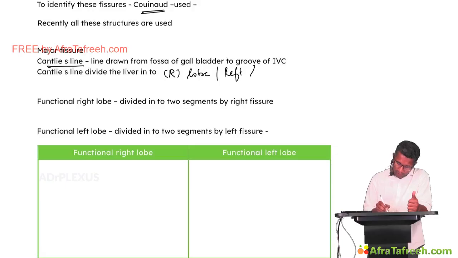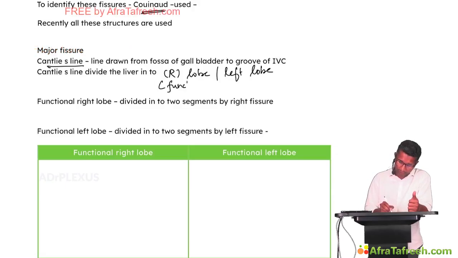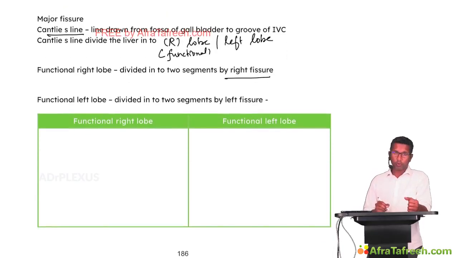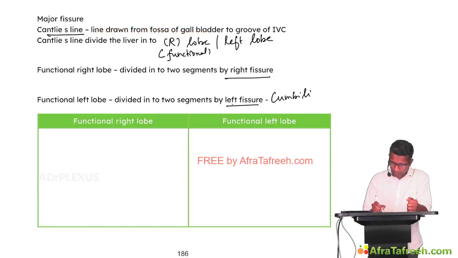So all these are functional lobes: a right functional lobe and a left functional lobe. The functional right lobe is further divided into 2 by means of the right portal fissure, and the left is divided into 2 segments by means of the left fissure, which is also called the umbilical fissure.